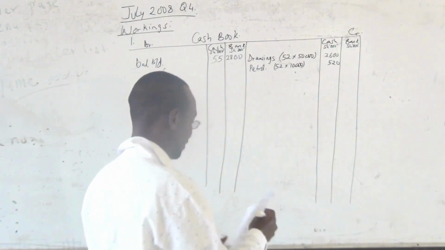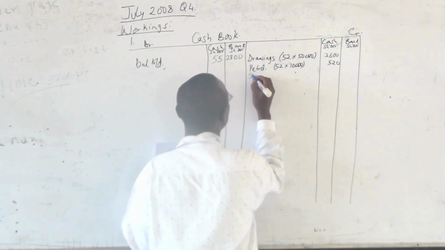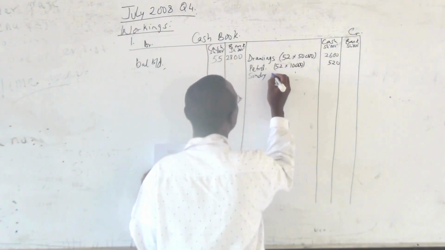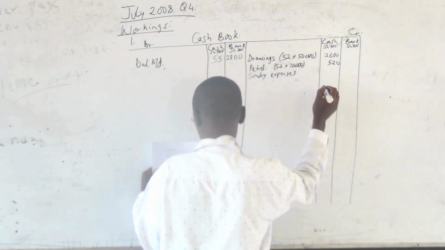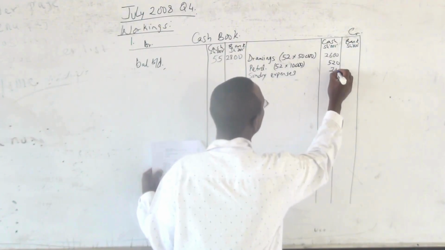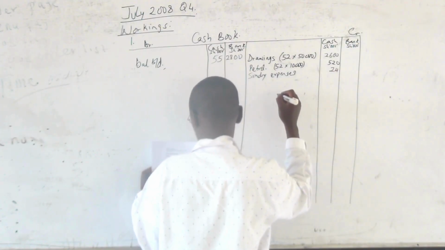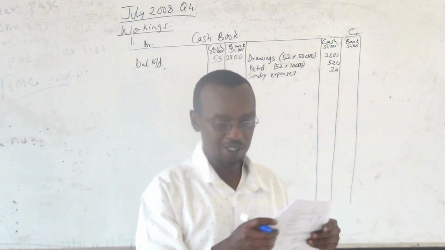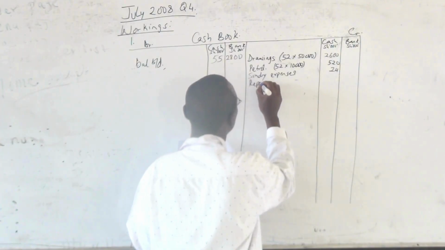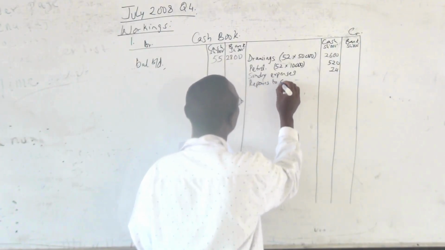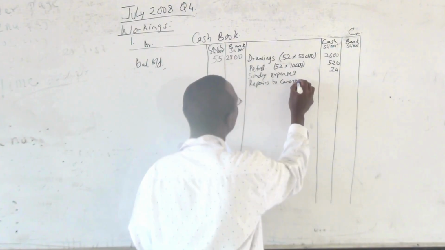Sundry expenses. What else? These are 24. Then repairs, canopy. What is canopy?